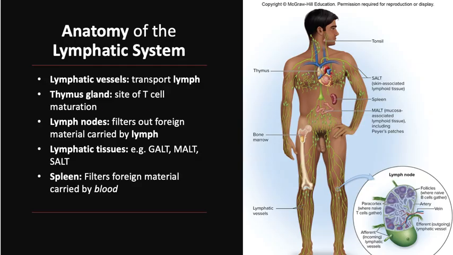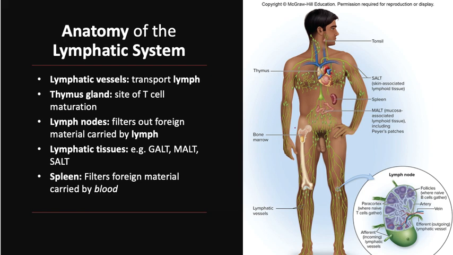So here is a picture of the lymphatic system in a human and some of the important anatomical structures. The first on your list are the lymphatic vessels. And the lymphatic vessels, these are separate from our circulatory system vessels, the arteries and veins.